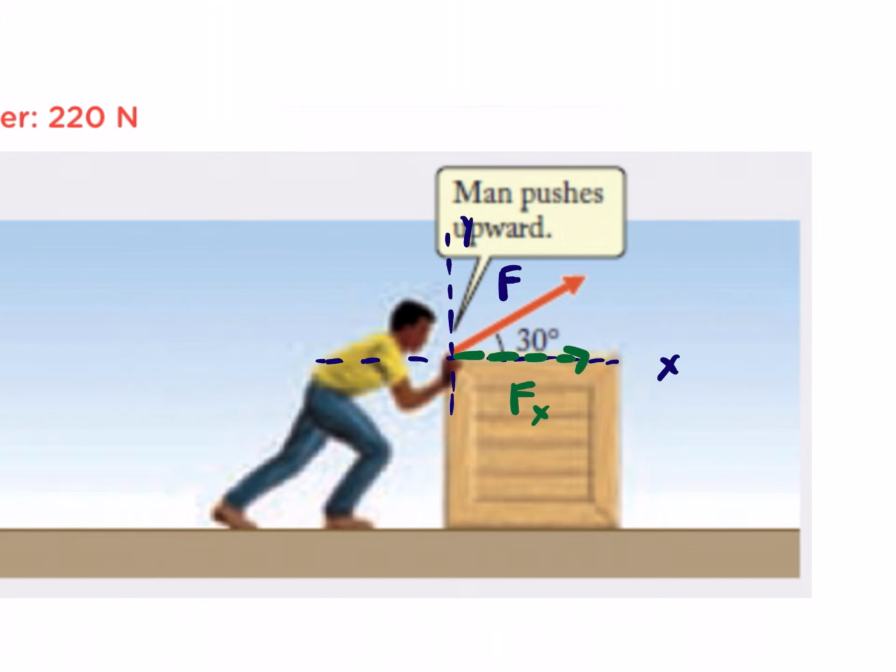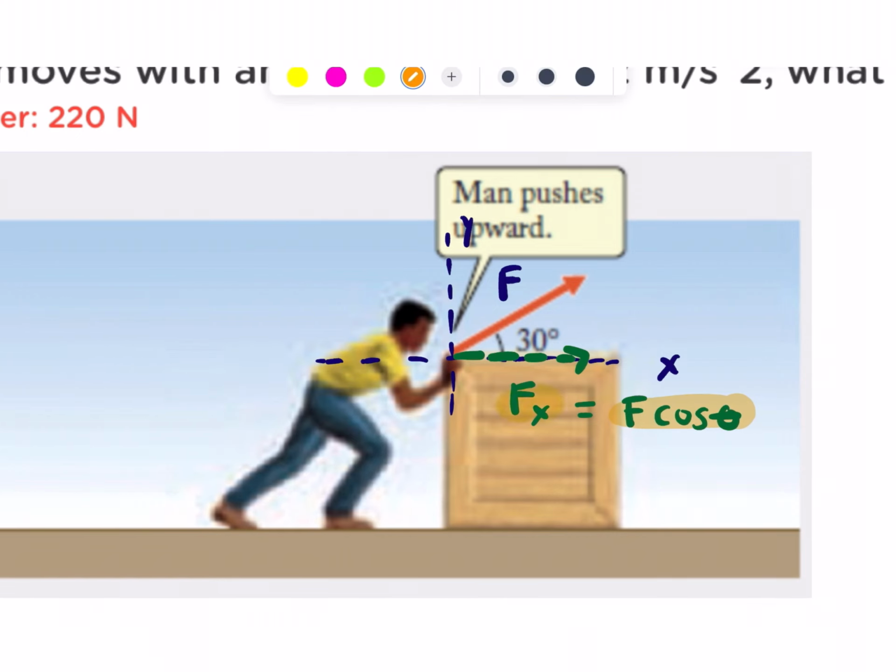Since Fx is adjacent to the angle theta, which is 30 degrees, Fx is equal to F cosine theta. Remember SOHCAHTOA. If it was opposite to the angle, then that component of the force would be F sine theta.